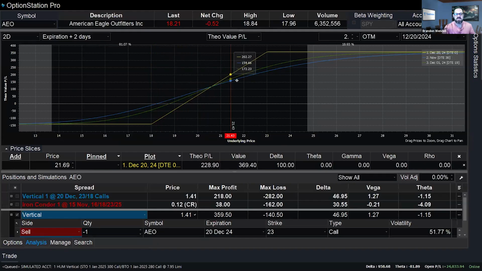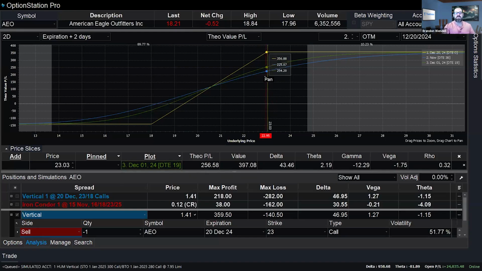And let's say it happens halfway there, about 19 days till expiration. If we hit our target within the next 20 days, then my theoretical profit should be about $256 right there.